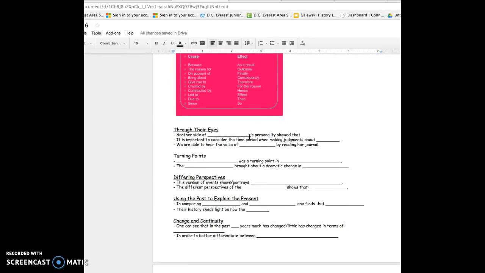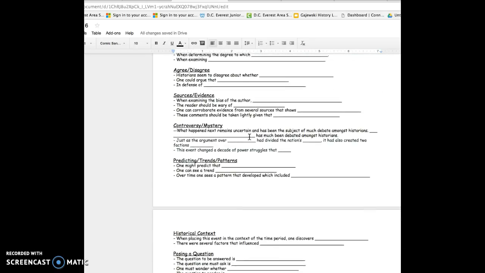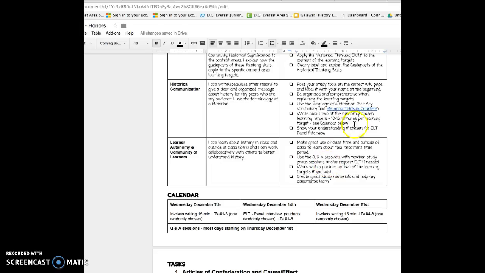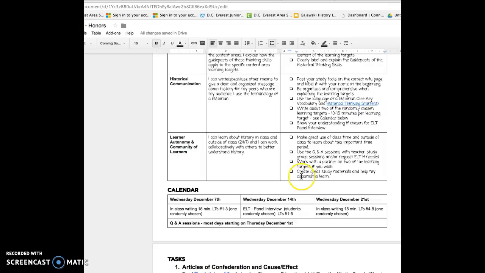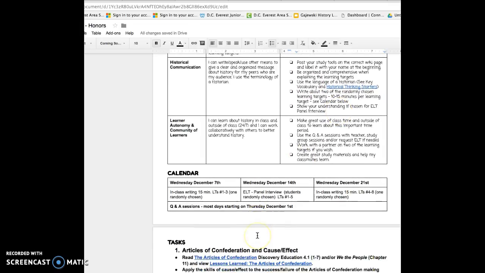So you can see these are different phrases that you might use in your discussion. Again, trying to learn to use the phrases of a historian. And again, we're looking for you to write, and I'll talk about that in a minute, and show your understanding.